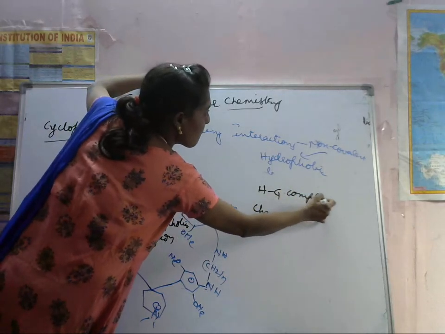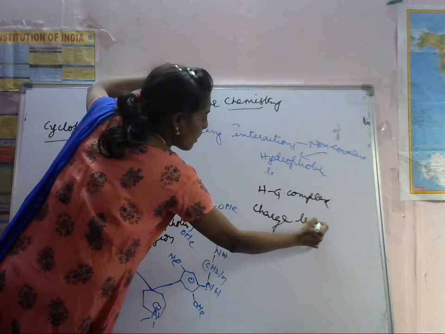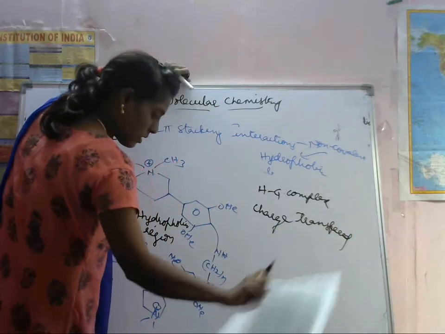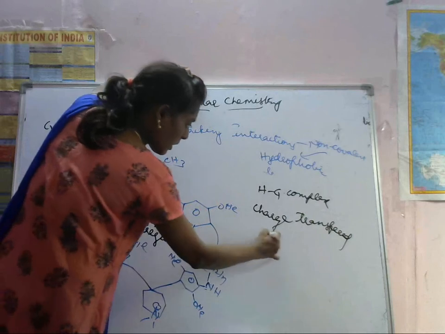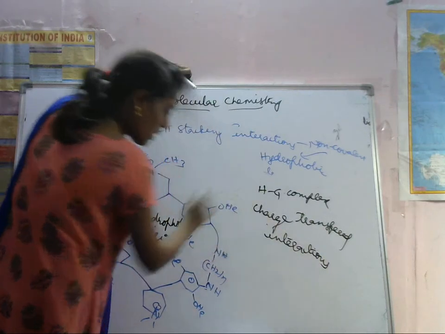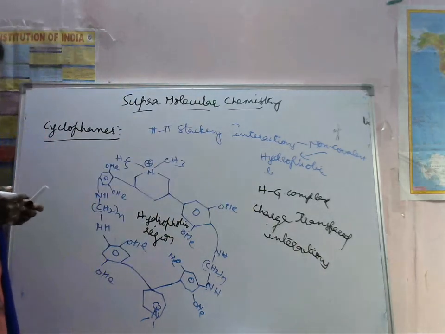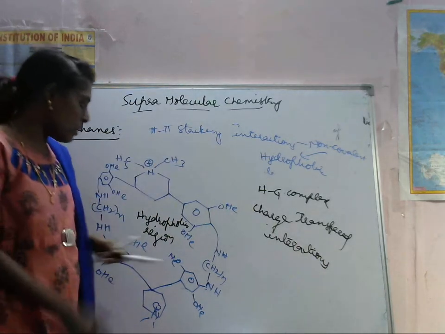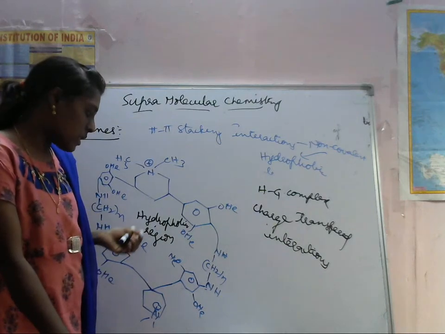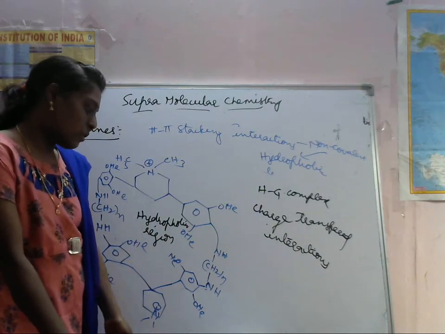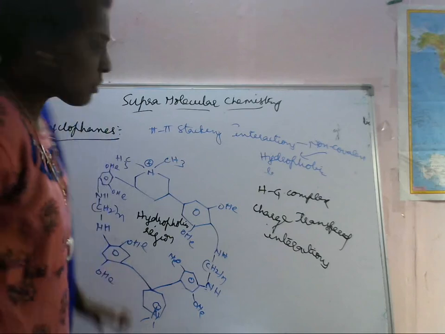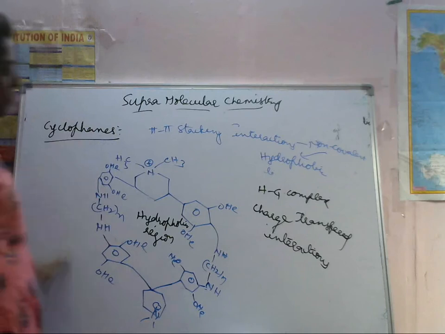Charge transfer interactions are present. These cyclophanes with a polar exterior surface, in aqueous phase, form hydrophobic cavities. So this is the cyclophane example.